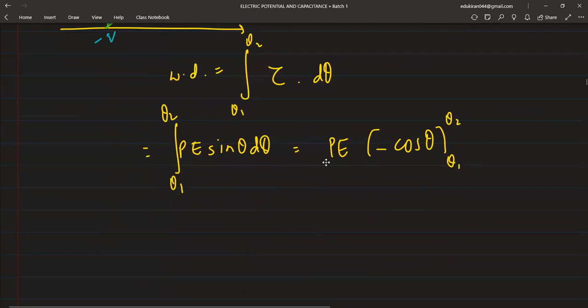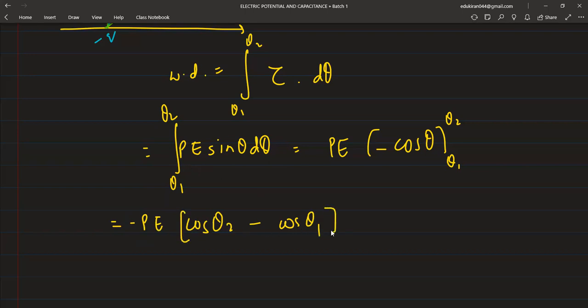Now, when you integrate it, P and E are both constant, so P and E come out of the bracket and we are left with minus cos theta from theta 1 to theta 2. So when you put the values, this becomes PE, cos theta 2 minus cos theta 1, so this is work done.